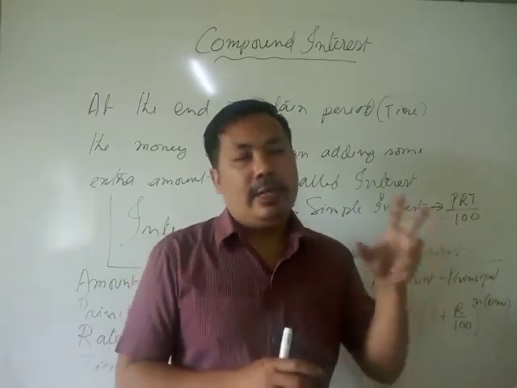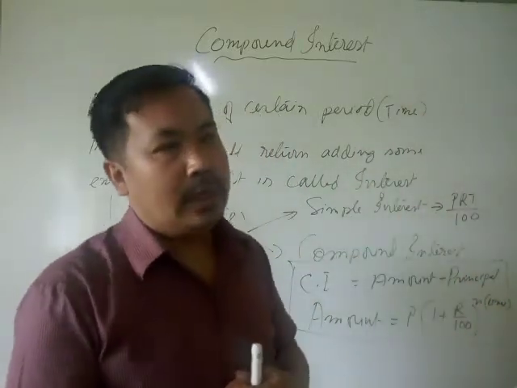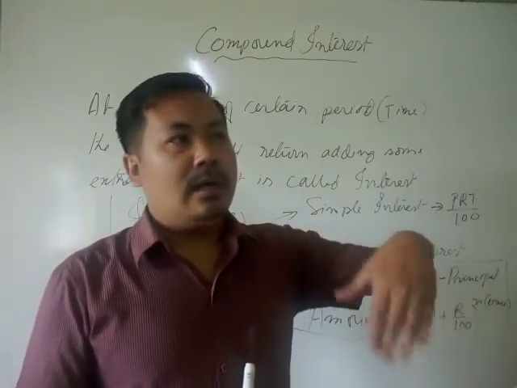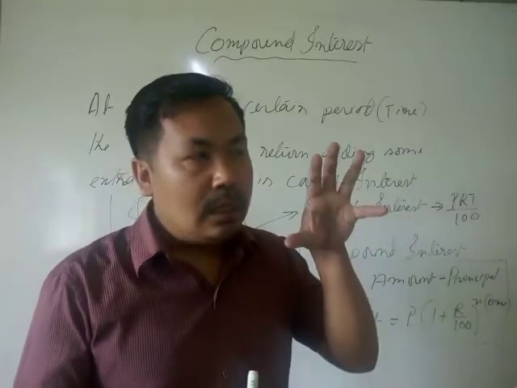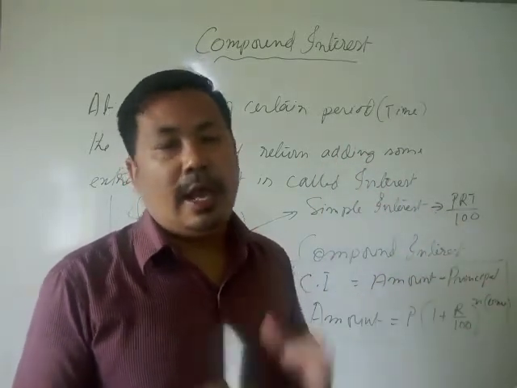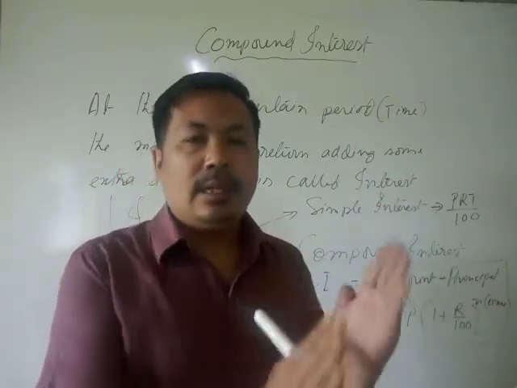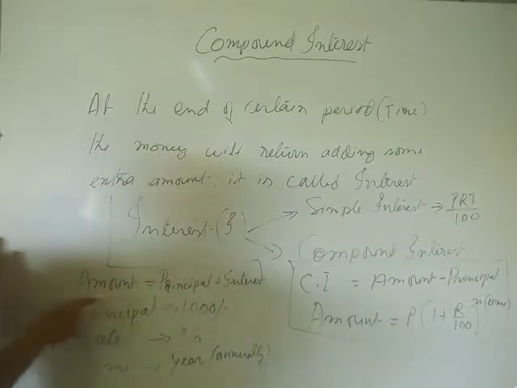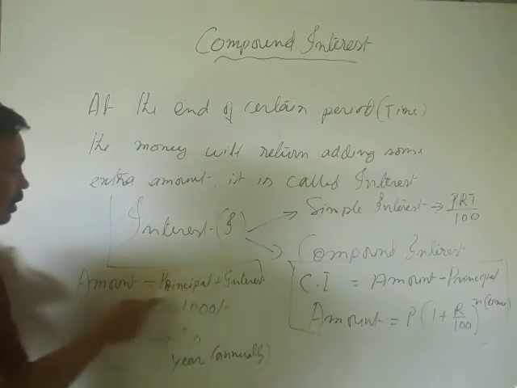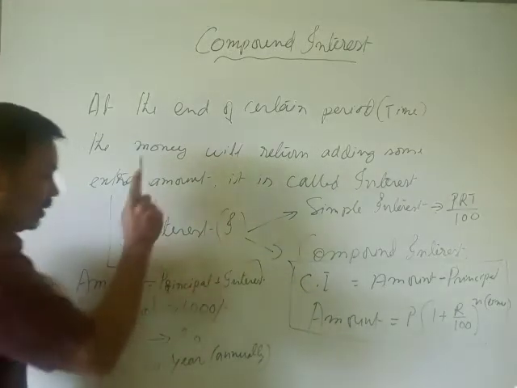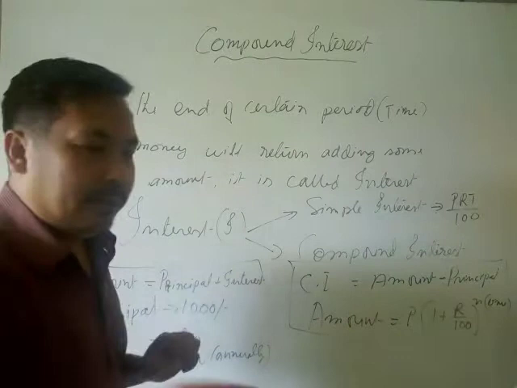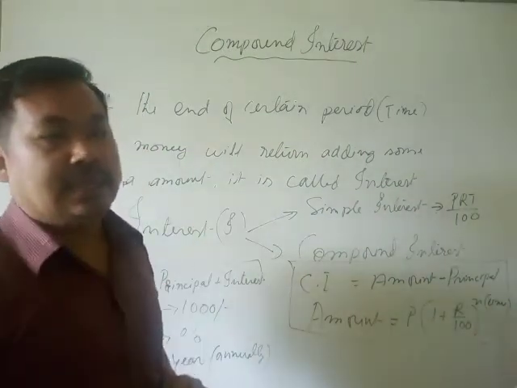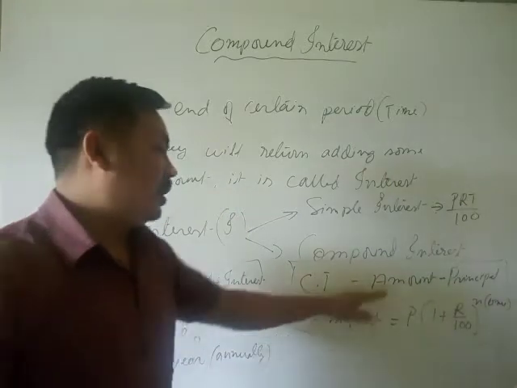The first year it is calculated as simple interest, and the next year it is calculated on the amount of the previous year. Amount means principal plus interest. So on this principal plus interest, your interest will be calculated again, meaning calculating interest on interest in the next year. That's why it is called compound interest.